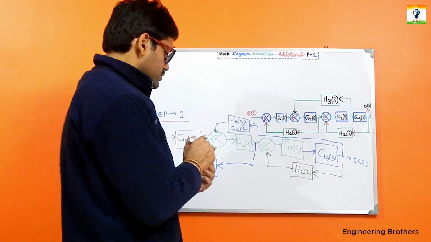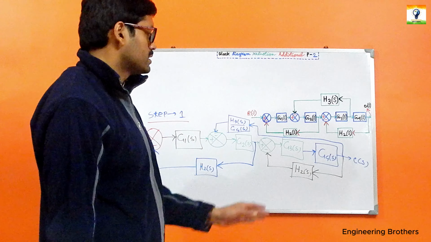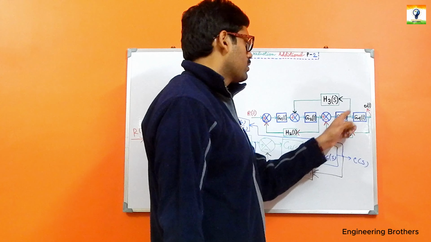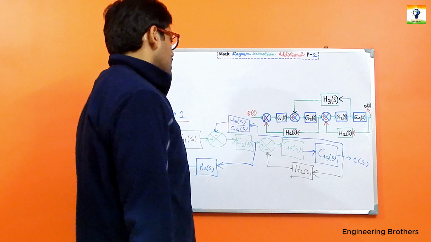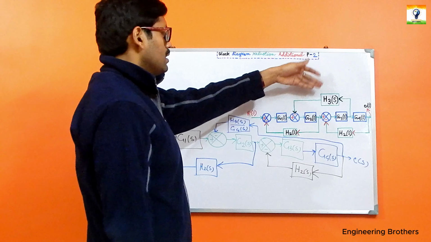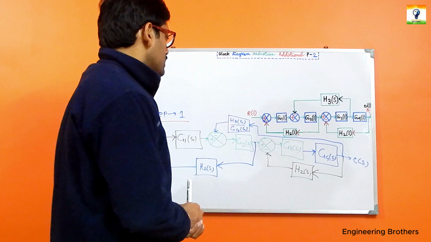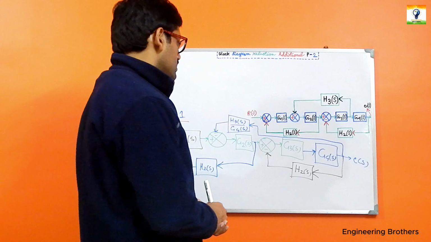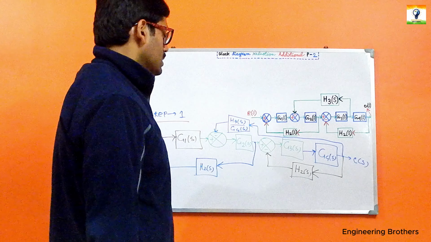Now this is going to be our step 1 over here. If you transfer the takeoff point after our block of G4S, then ultimately the transfer function for this overall upper portion of our block seems to be our G3S divided by our G4S, and quite naturally this is going to be the full form of our considered part over here.